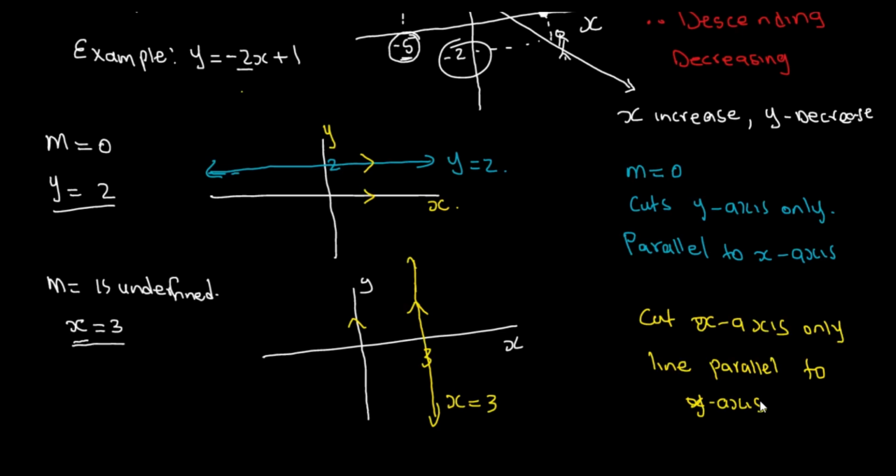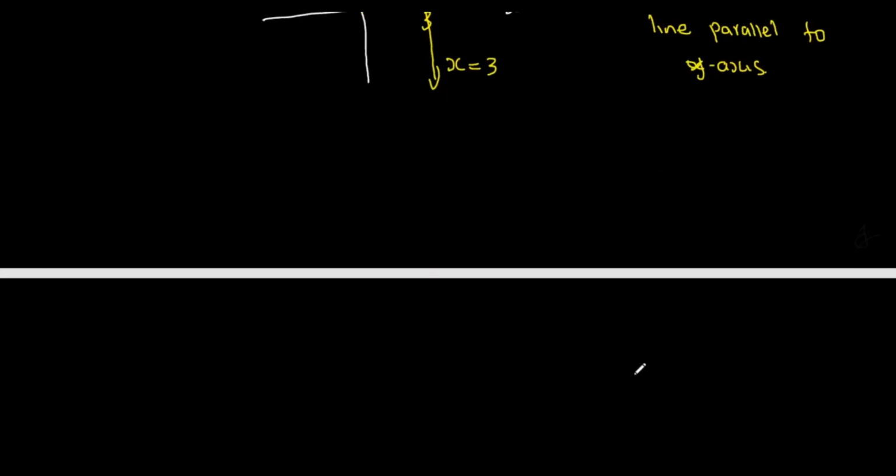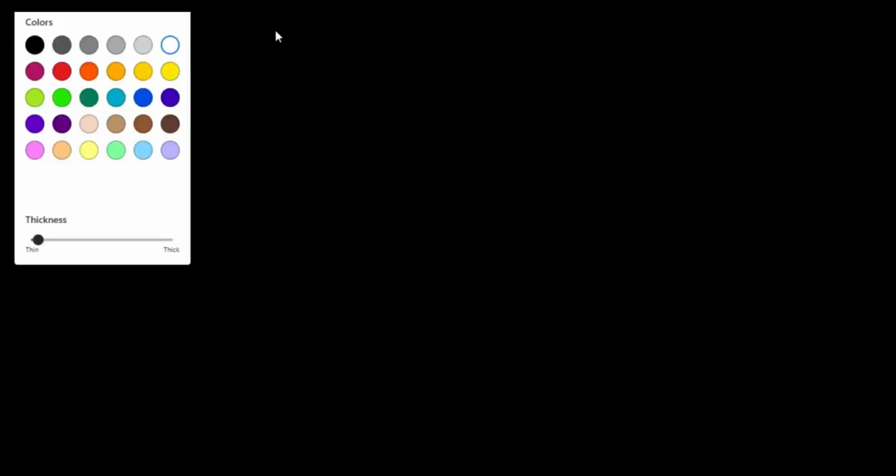So now, when you have straight lines, there are some of the things that you need to pay attention to. The first one, you need to check how the lines are looking. Sometimes you might have two lines, or they might say that the equations are parallel. So if we have parallel, and we're going to use these two lines to denote parallel. So if you have parallel lines, let's talk about the parallel lines.